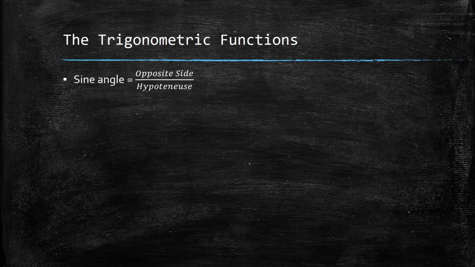So if we have our base triangle here, the sine function looks like sine of the angle. We're going to call the angle theta, and this is going to be our angle the whole time. The sine of the angle is going to be the opposite side, which is this one over here, over the hypotenuse, which is this one right here.